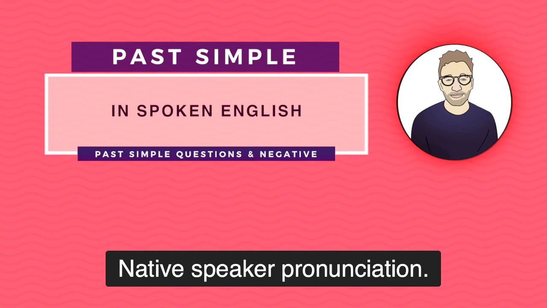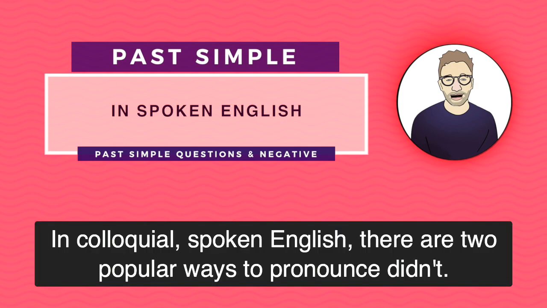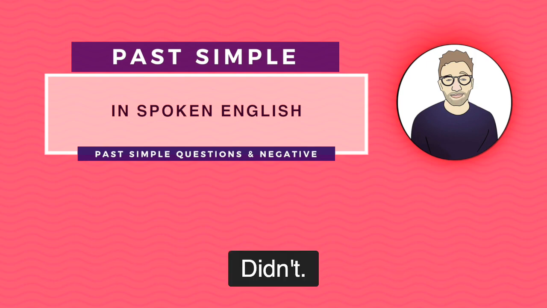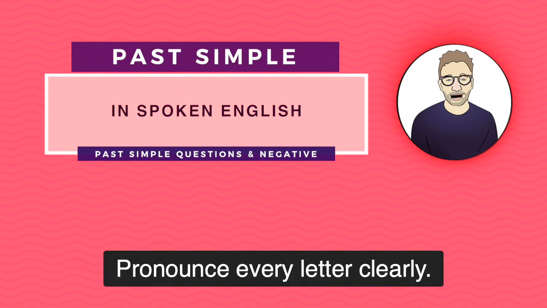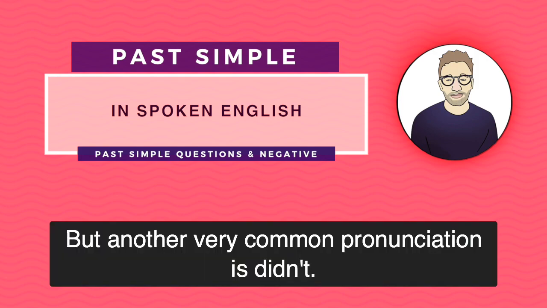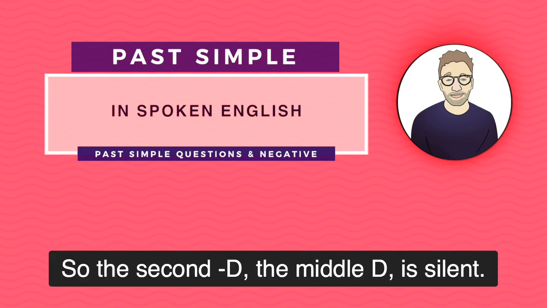Native speaker pronunciation. In colloquial, spoken English, there are two popular ways to pronounce didn't. One is exactly as I have taught you so far. Didn't. Pronounce every letter clearly. This is still very common, but another very common pronunciation is didn't. So the second D, the middle D, is silent.